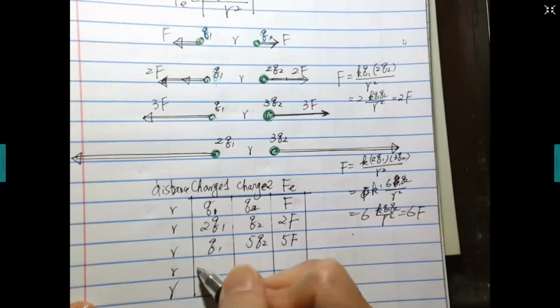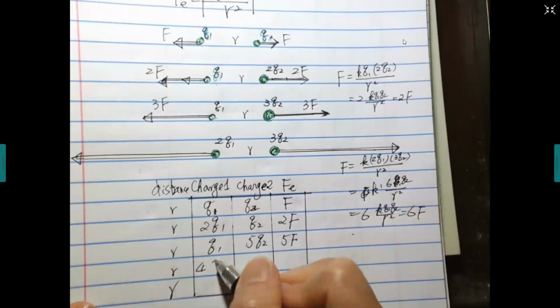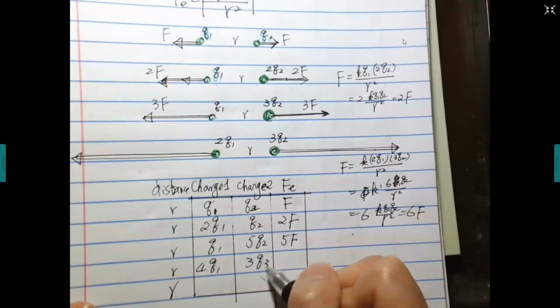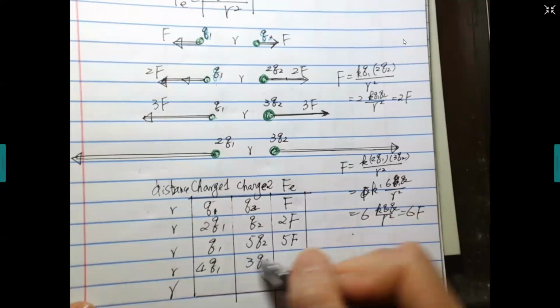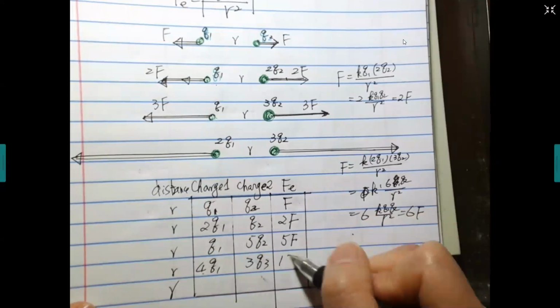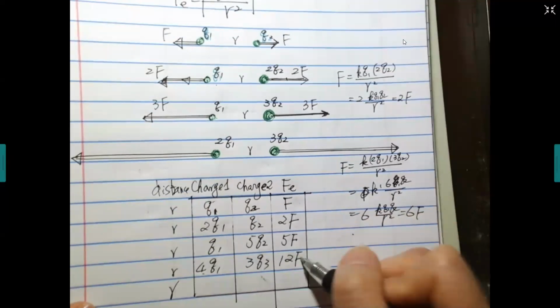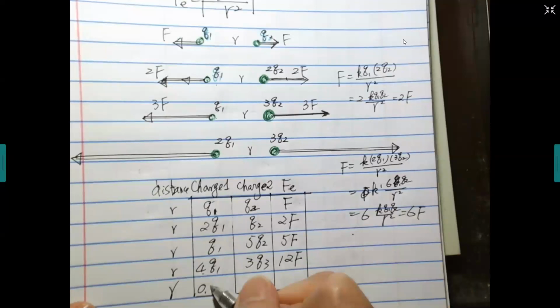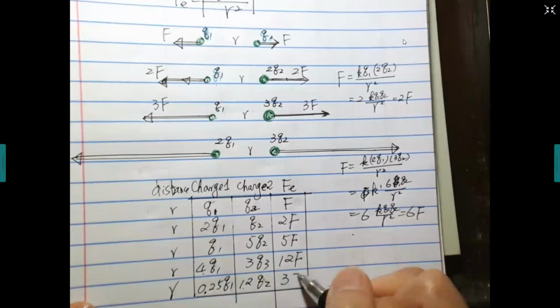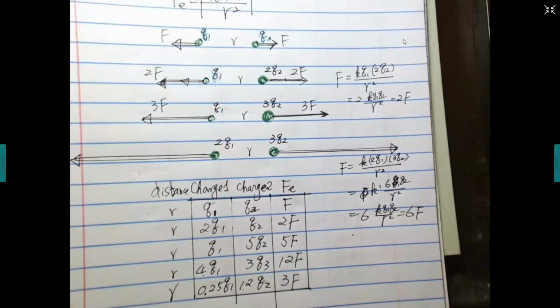If this one becomes 4 times and this one becomes 3 times, then the force becomes the product of these two, 12 times. Now, if this one is 0.25 and this one is 12 Q2, you multiply these two numbers together and it is 3 times the original force.